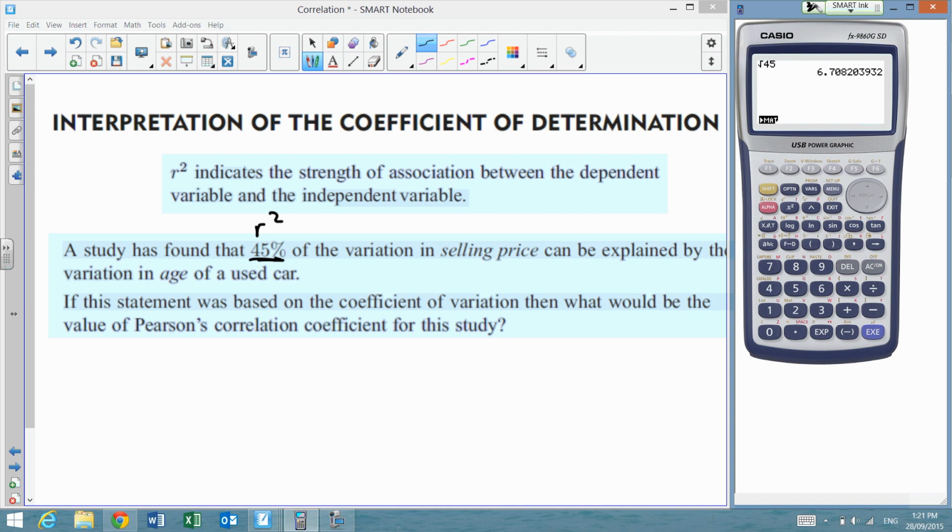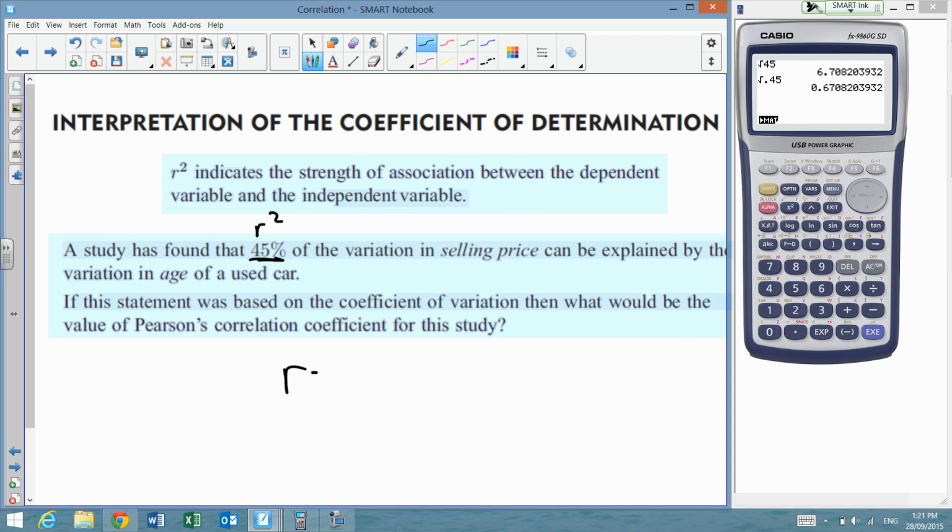But it's not the square root of 45. It's the square root of 0.45 because it's a percent. So the R value would be 0.67. Now, would you expect that to be a positive value or a negative value? Well, as cars age, we would expect their value to go down, so our R value would be negative.